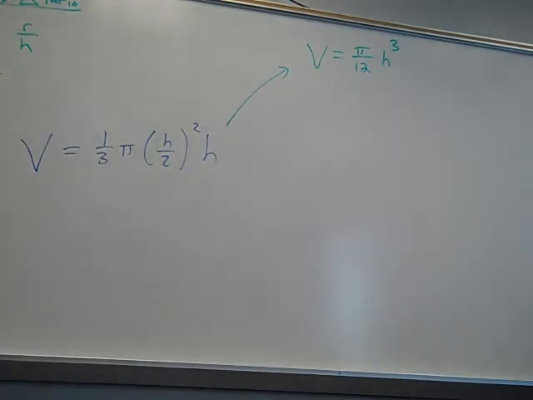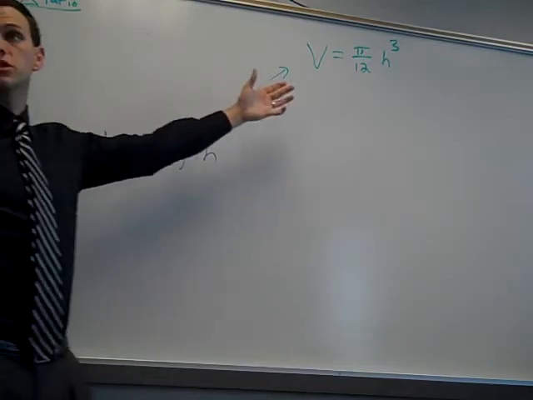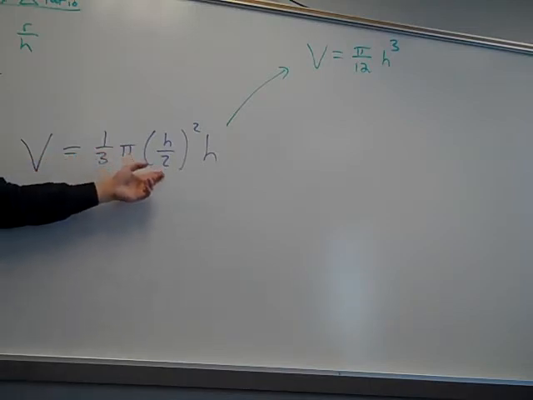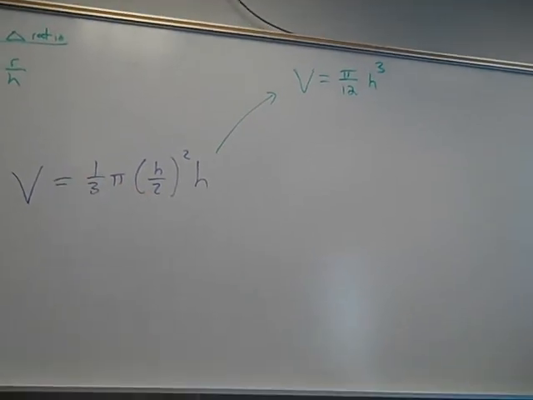So we're using a geometry fact about similar triangles to take a potential product rule into something much simpler. It still represents the same thing. R and h are variables, but they're proportionate to each other. So we rewrote r in terms of h. That was the big step here.